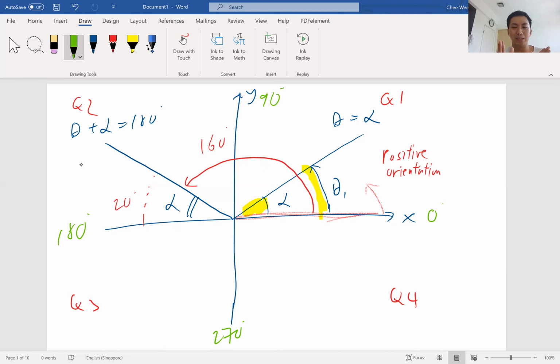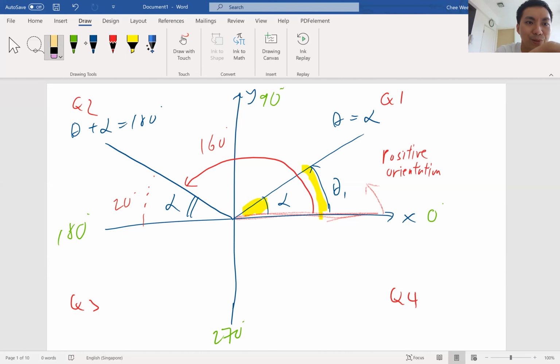So any angle between the two borders will be in Q2 then. But let me just highlight again, a 90-degree angle is neither in Q1 nor Q2, because it's on the border right here. An angle of 180 degrees is neither Q2 nor Q3 because it's on the border.